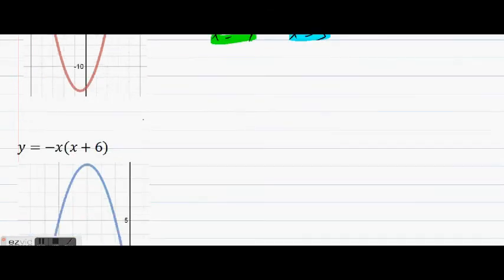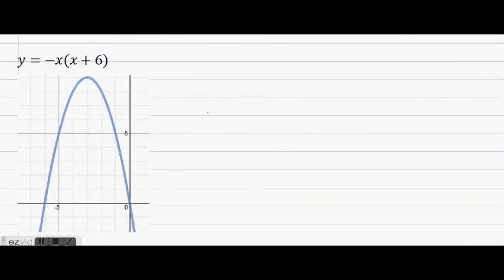Alright, one more. You give it a try. So here's a graph. Again, pay close attention when you're solving. Give it a try. I'll wait.